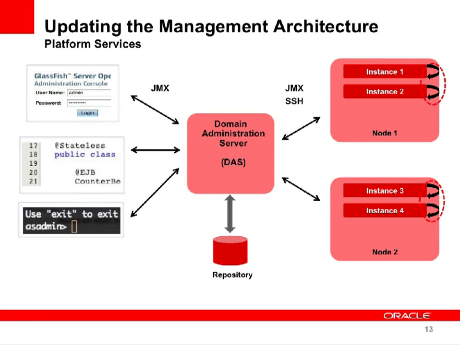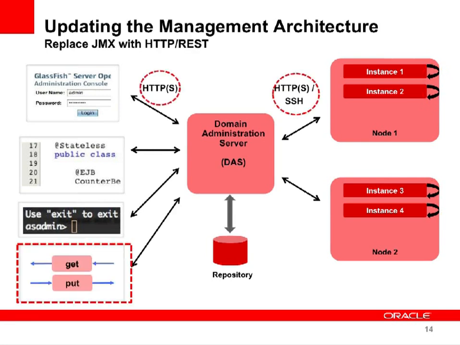So you can actually place an instance under a Windows service control such that if an instance fails, Windows will automatically restart it. And on Solaris, the equivalent is the Solaris management facility. And on Linux, we actually use SCR scripts. So when you boot the server or shut down the server, the instances can automatically be started and stopped as well.